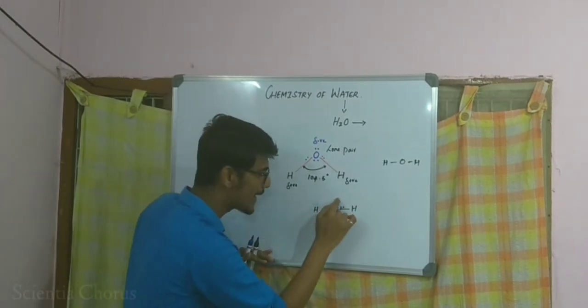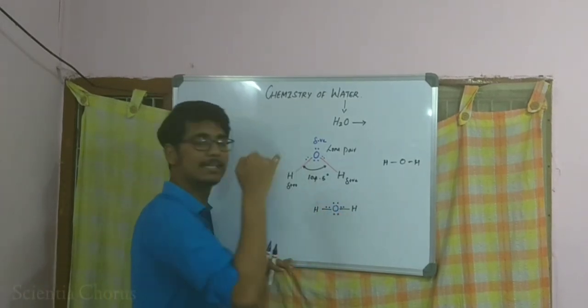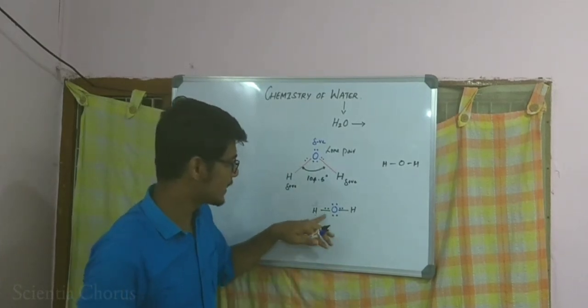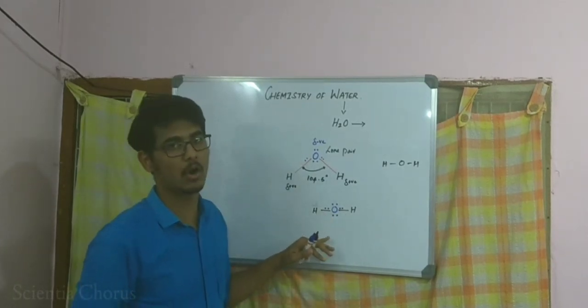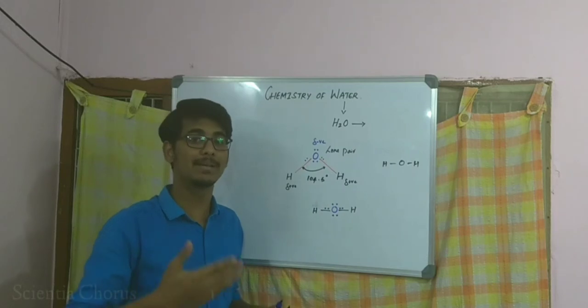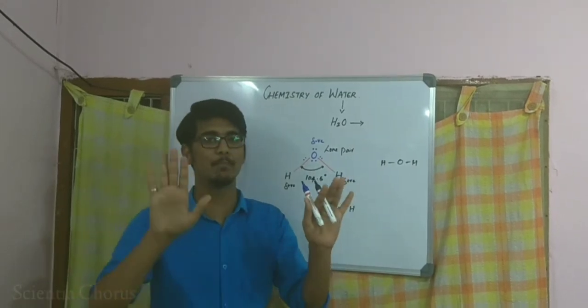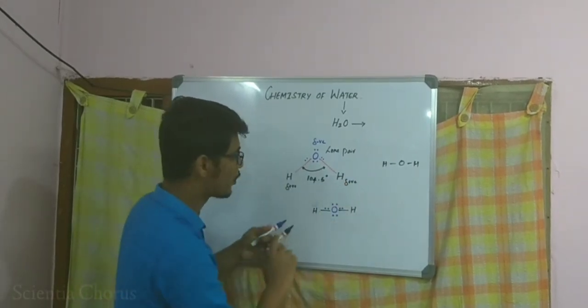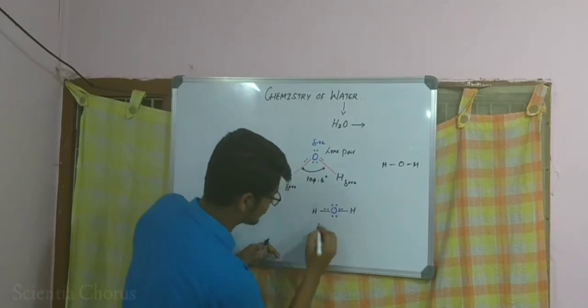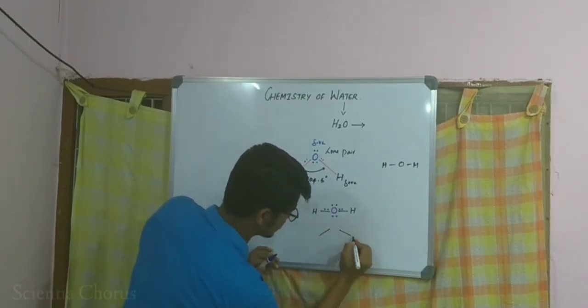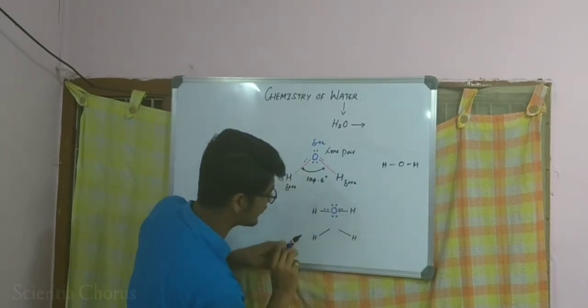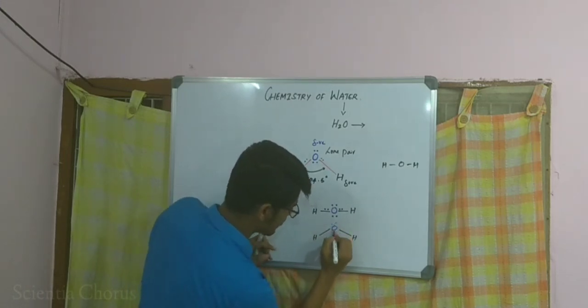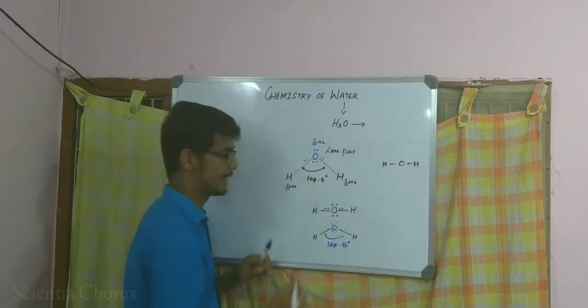So what has happened is, in this case, repulsion of electrons is happening. Repulsion of the lone pairs of electrons and the bonding electrons which are there between the hydrogen and oxygen. So because of the repulsion of the lone pairs and the bonding electrons, this bond has been bent in this way, and you are getting the bond angle as 104.5 degrees.